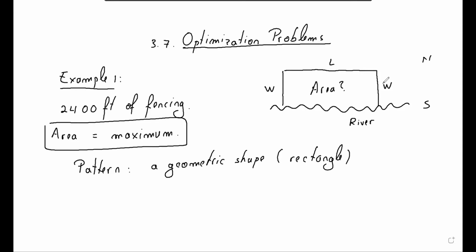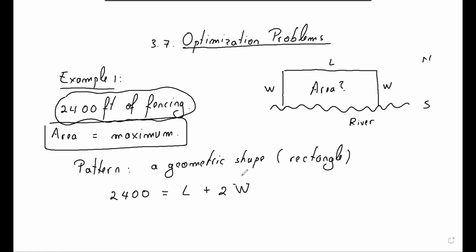So I can express the fencing given in the problem, 2,400 feet, as 2,400 equals length plus two widths, because we use one length and two widths, this one here and this one here. That will be the type of fencing that we use here.